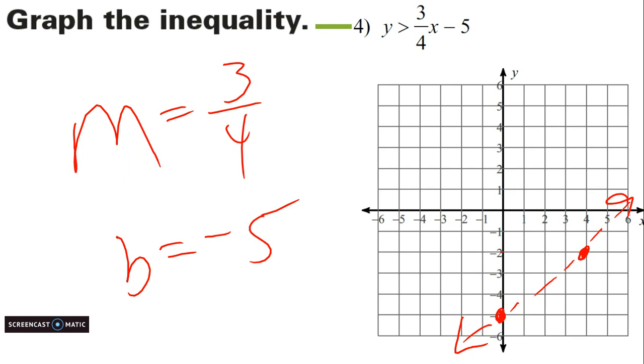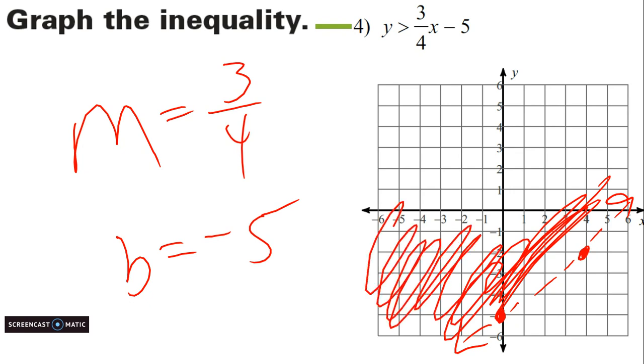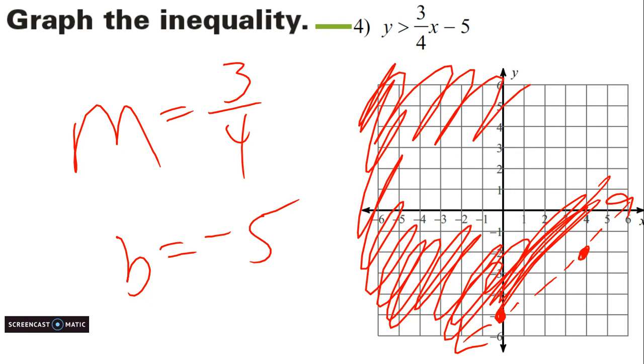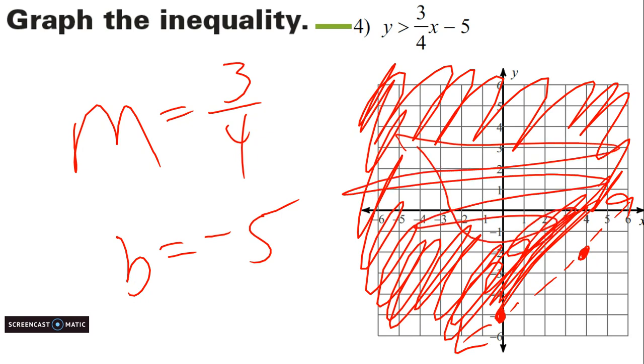Greater than means that we want to shade towards the bigger things, and so the positive numbers are definitely going to be bigger, so we're going to shade up. And so there's my y greater than 3 over 4x minus 5 graph.